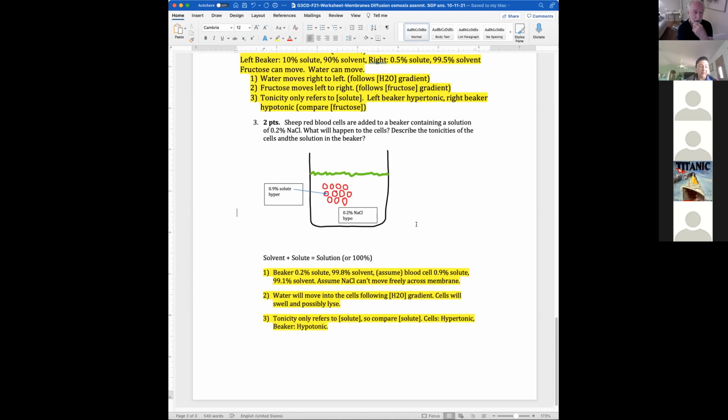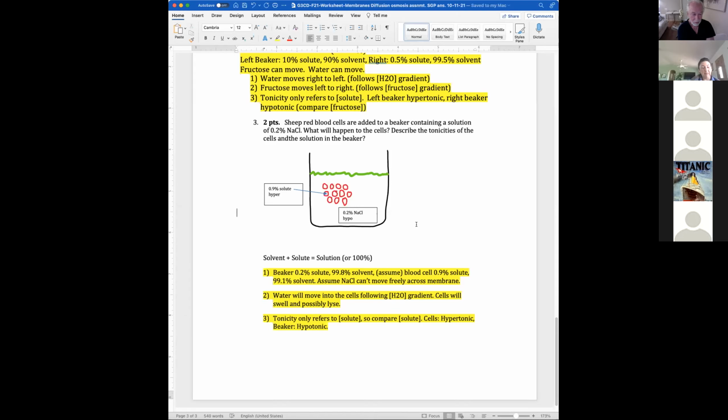And so water is going to move from its higher concentration to lower. The higher concentration of water is in the beaker. The lower concentration of water is in the cells. Water will move from the beaker into the cells.